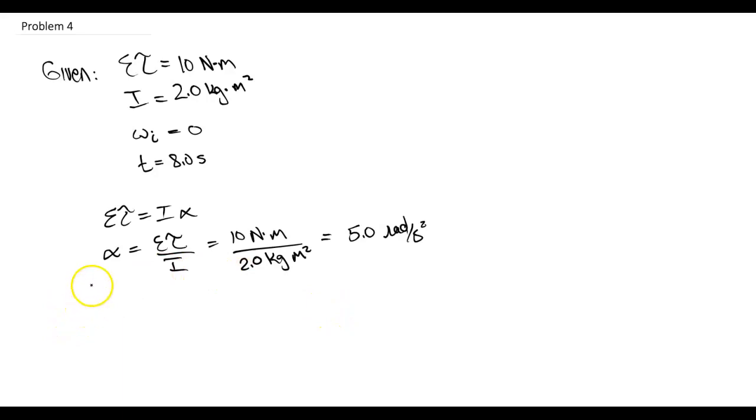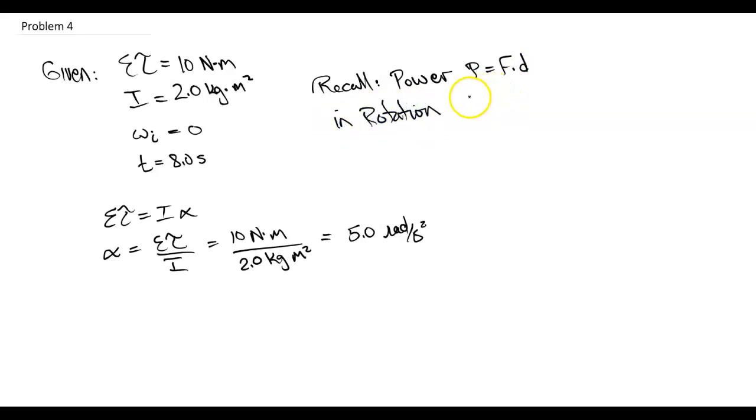If we want to find the power, remember the power, we call it P, was F times D, so in rotation the power would equal, instead of the force we have the torque, instead of D we would have theta, right?